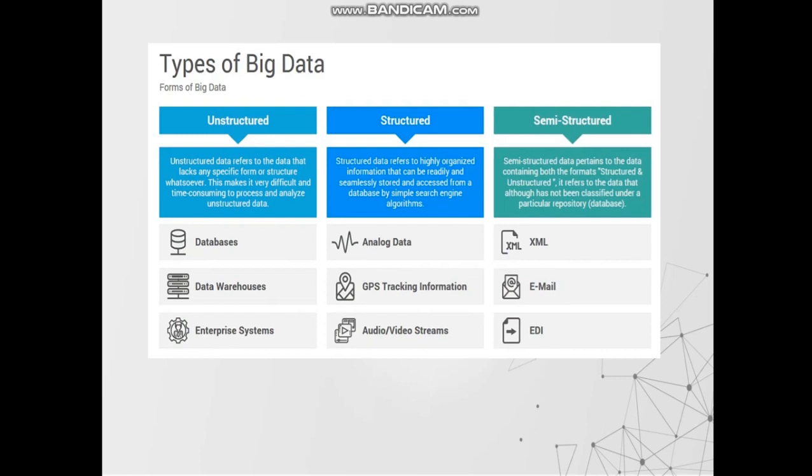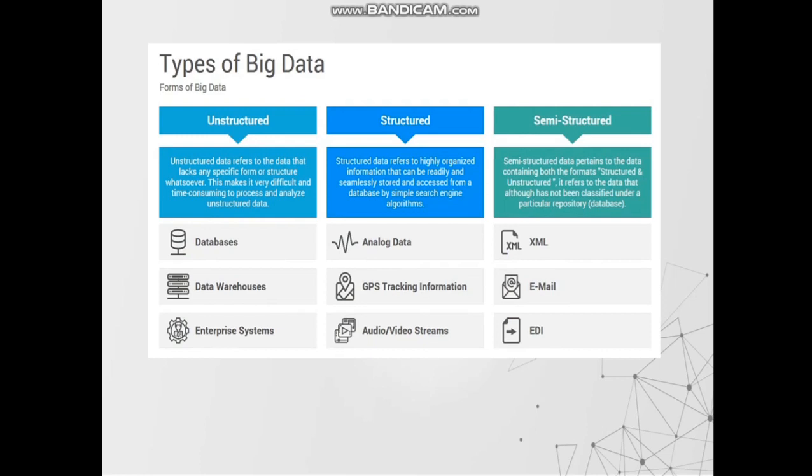Structured data refers to highly organized information that can be readily and seamlessly stored and accessed from a database by simple search engine algorithms. It is the analog data, GPS tracking information, and audio or video streams.